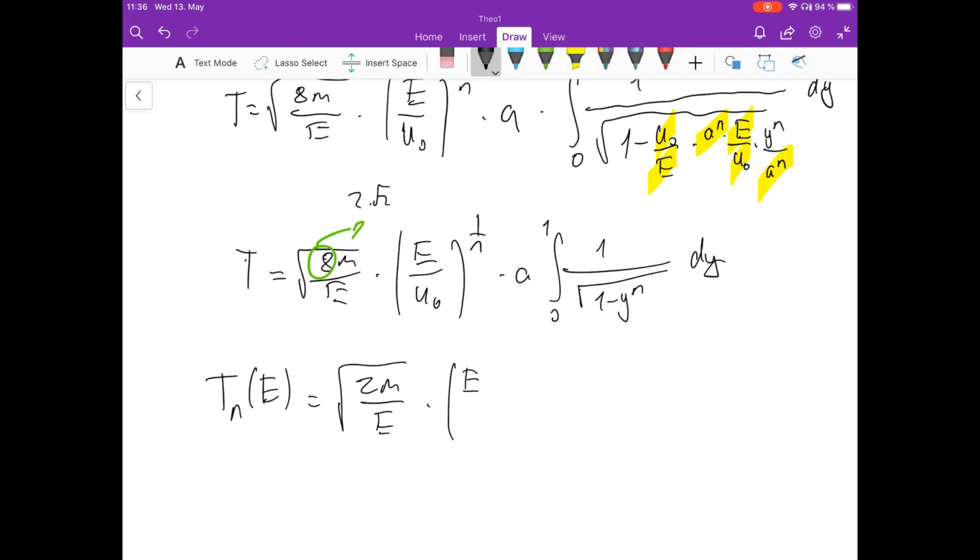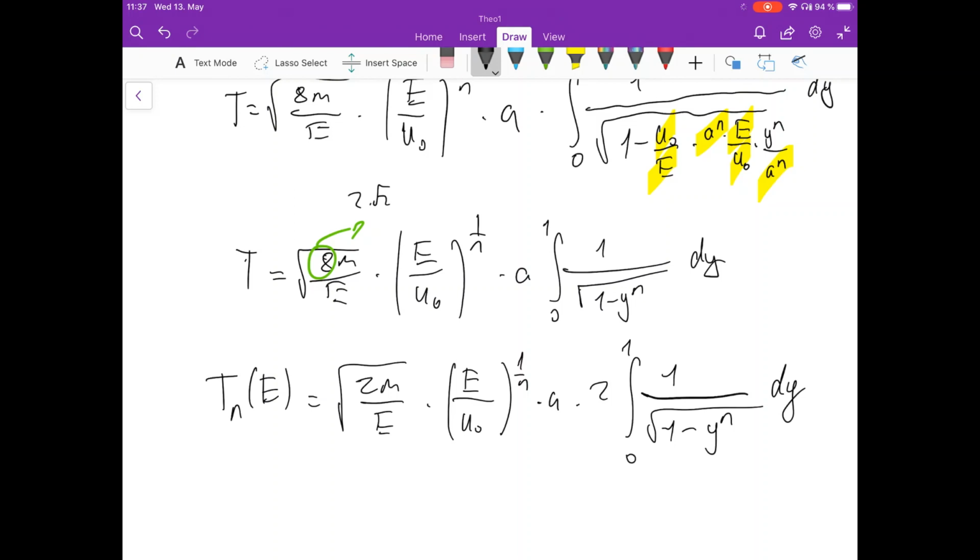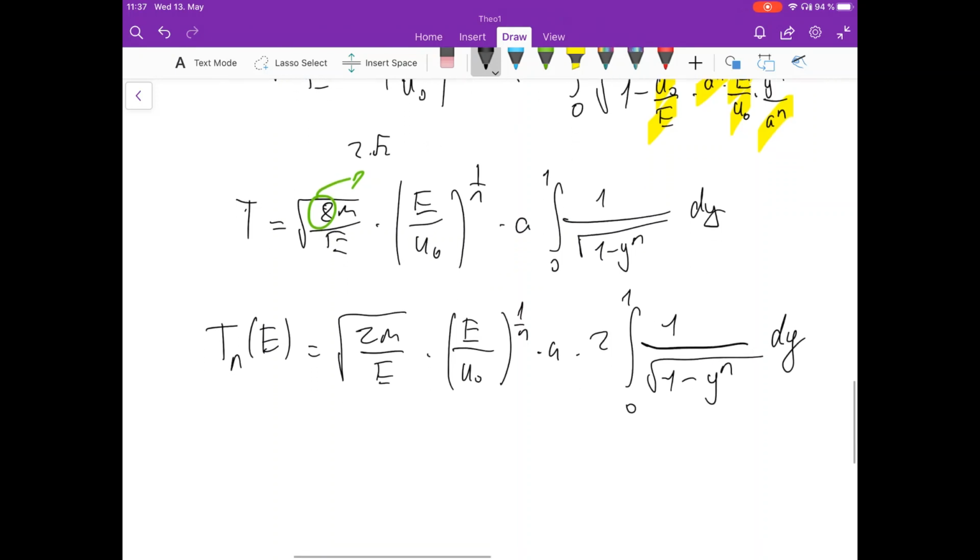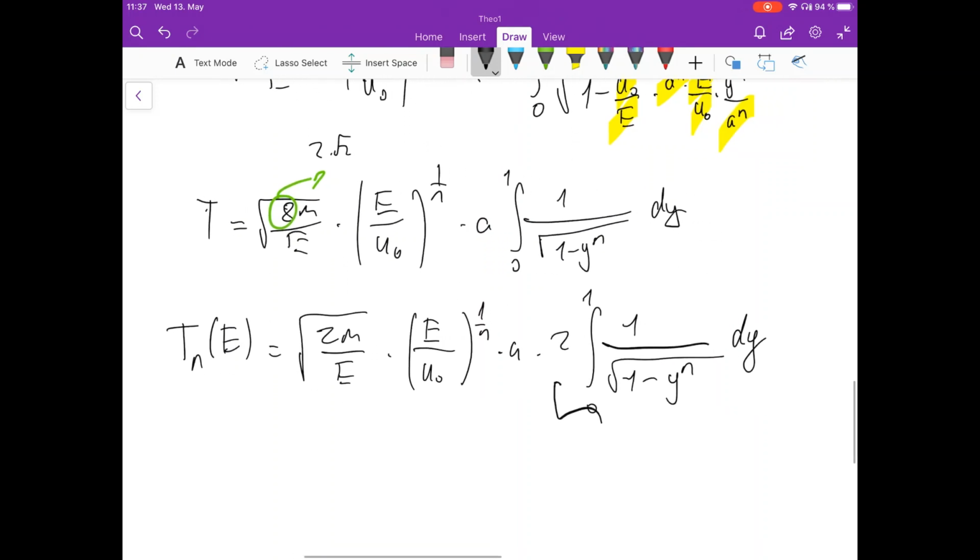So it's going to be the square root of 2m divided by e times E divided by u null to the power 1 over n times a times 2 times the integral from 0 to 1 of 1 divided by the square root of 1 minus y to the n dy.